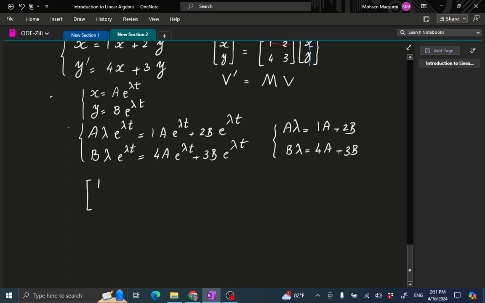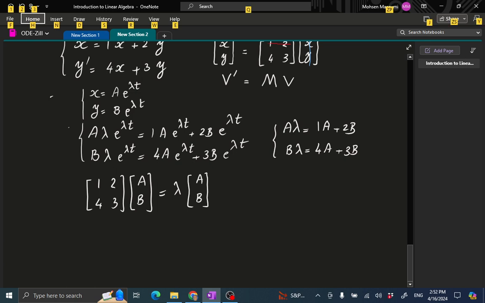The right hand side is the matrix 1, 2, 4, 3 times the vector (a, b). Is that right? The left hand side, I can write as lambda times (a, b). Is that right? This transformation from one form to the other is very important.